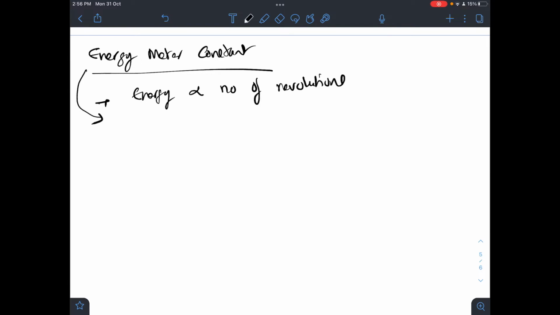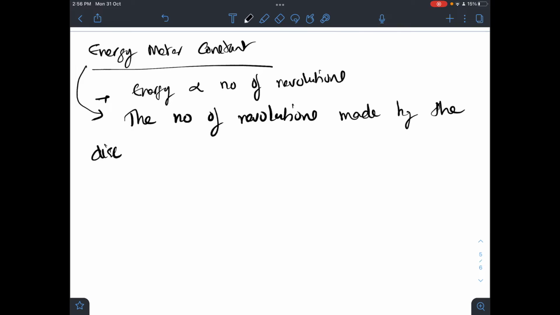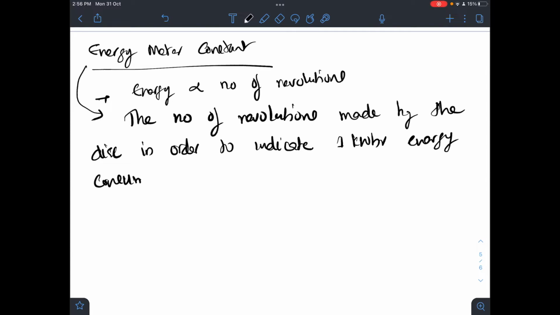Energy meter constant means the number of revolutions made by the disk, made by our aluminum disc, in order to indicate 1 kilowatt hour energy consumption, or we normally call it 1 unit of energy.